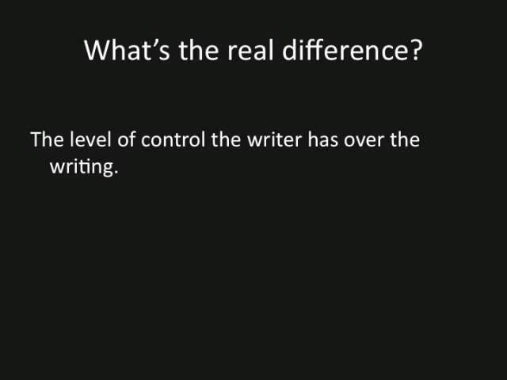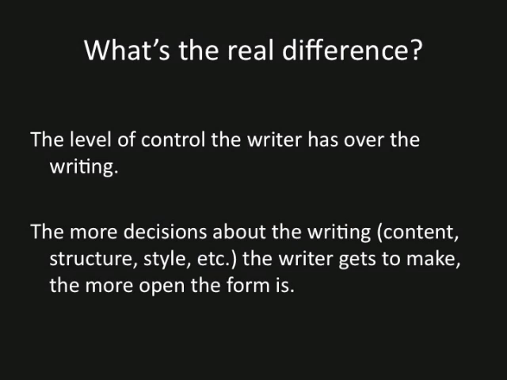And that's really the key difference between closed form and open form writing. Closed form just means more decisions have been made for you by the audience. Whereas in open form prose, you have a lot more flexibility. You get to make more decisions about the writing.